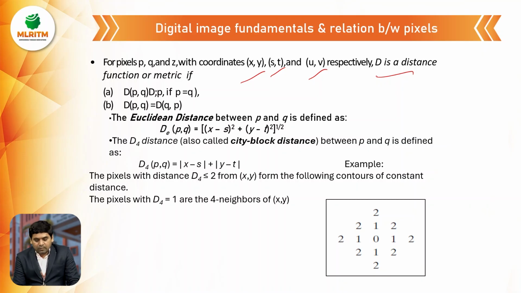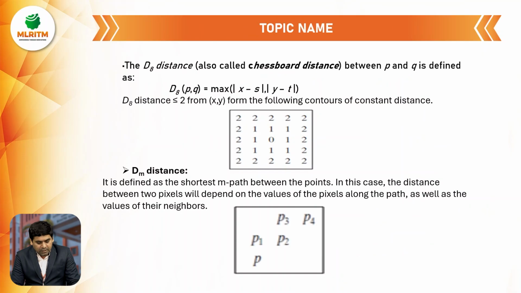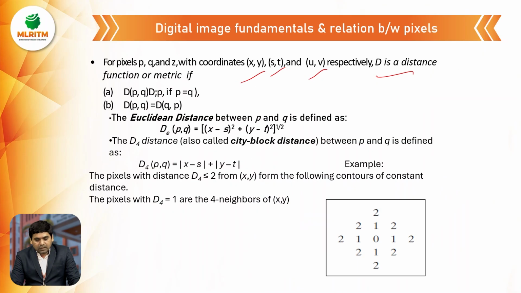The types of distances are Euclidean distance, D4 distance and D8 distance. The Euclidean distance is represented by DE of P comma Q equal to the root of (x minus s) whole square plus (y minus t) whole square.